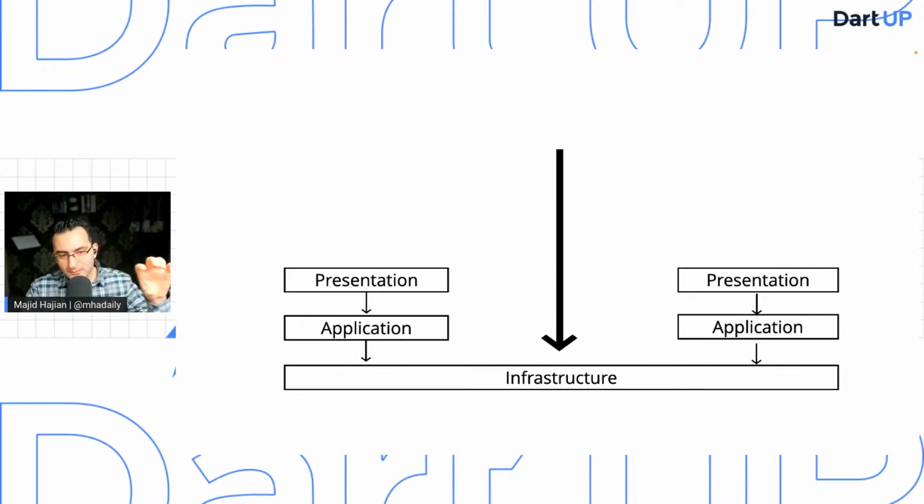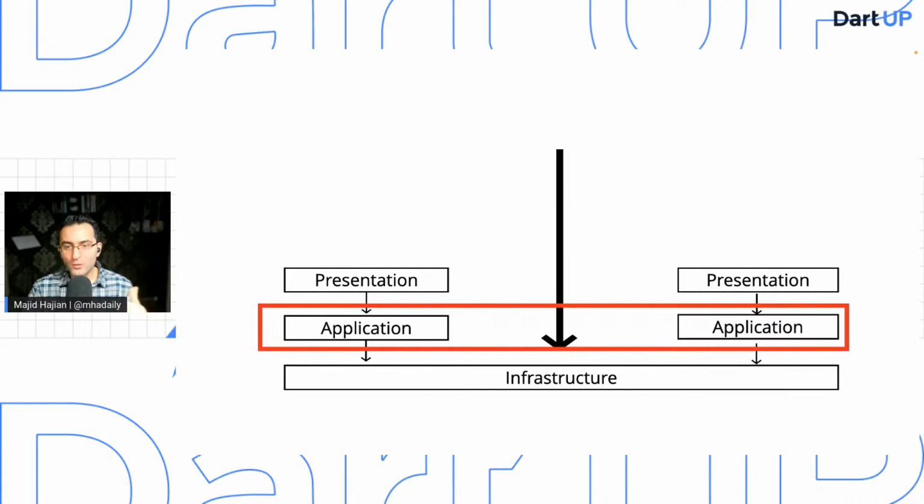You're adding your state management into an application layer, so you don't pollute the rest of your application. You don't pollute your presentation, your widgets. You separate your state management concern into one layer. And then tomorrow, if you want to change that layer and replace the state management with another one, then you can take out that state management and replace it in the same application layer. So your presentation layer and your infrastructure layer will remain the same, hopefully.